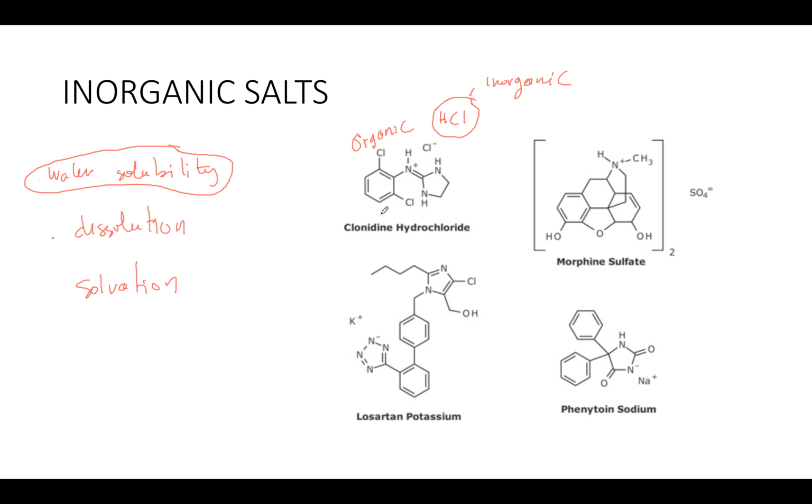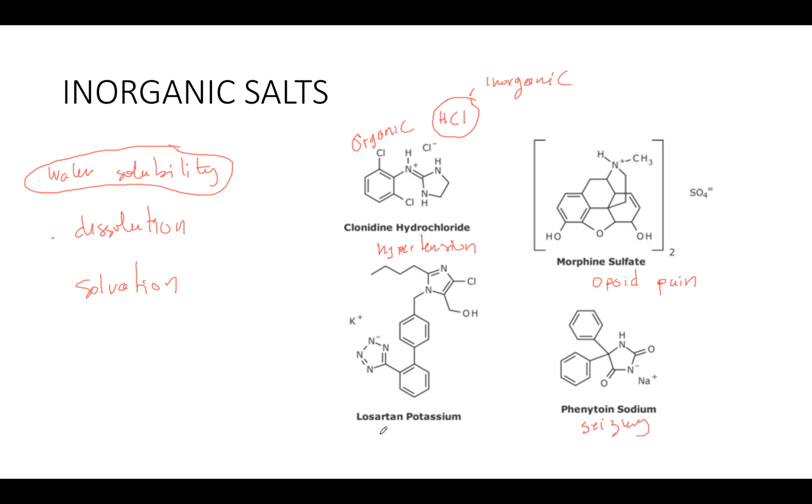In this particular example, we have clonidine, a medication that is used to manage hypertension. Morphine sulfate, which is an opioid drug, usually used for pain. Phenytoin can be used for seizures.